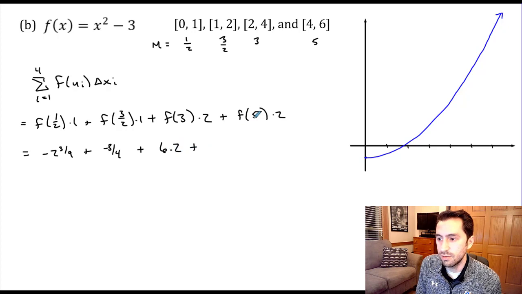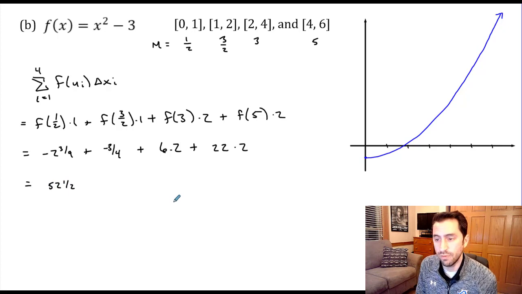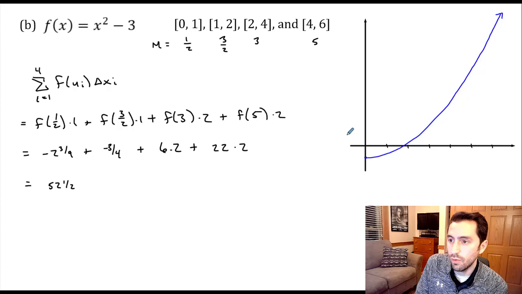And lastly, 5 squared minus 3, so 25 minus 3 is 22 times 2. And adding these all together, we're going to end up with a total of 52.5.